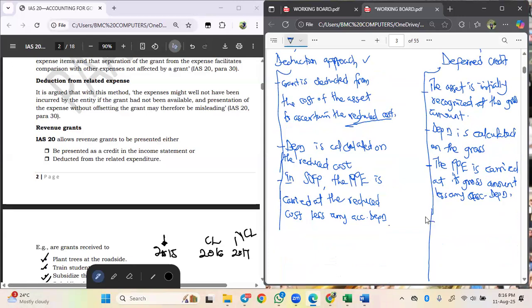So that one there you know. Okay. Now let's look at the treatment of the grants. Okay. So here the grant is set as a deferred liability.